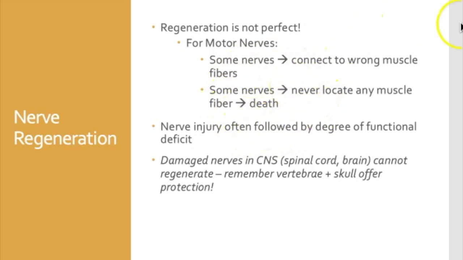So nerve injury sometimes, in fact often, leads to some kind of functional deficit, even after nerve regeneration occurs. Remember, damaged nerves in the central nervous system don't regenerate. This only happens in the peripheral nervous system.